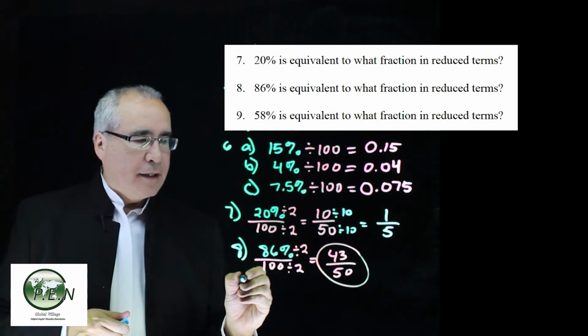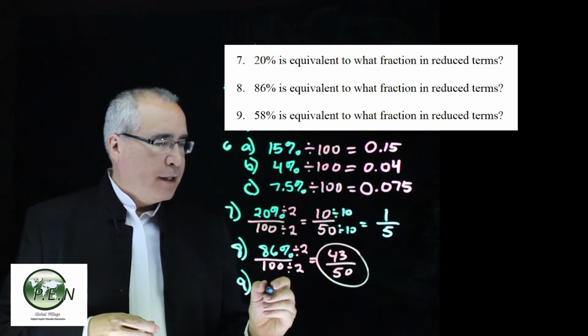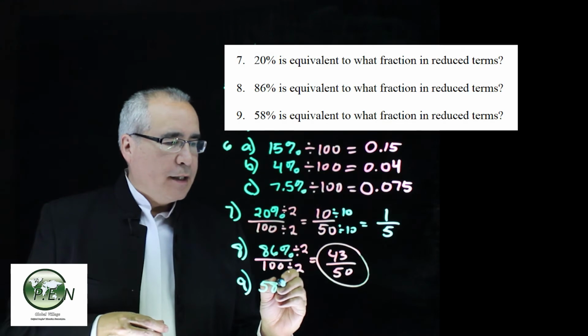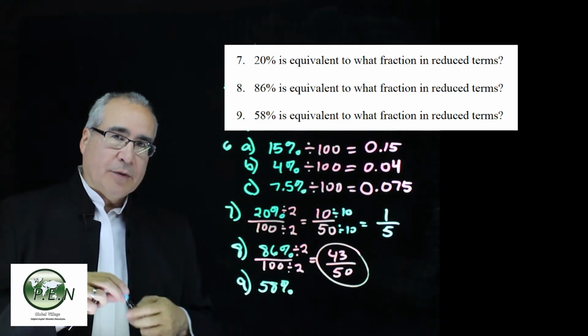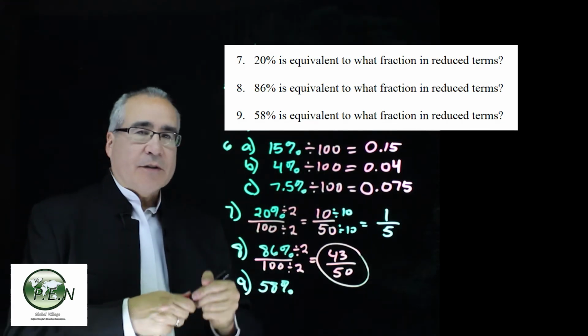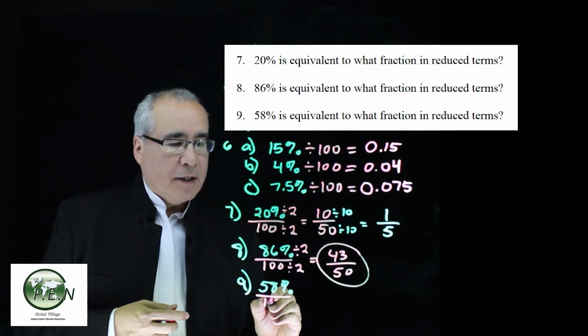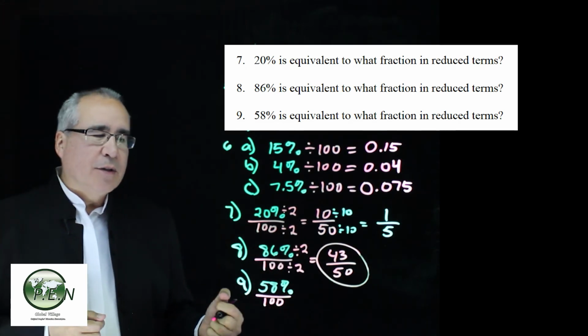And for 9, let's take a look at one last problem here. We're given 58%, and we want to turn it to a reduced fraction. So again, the process is just divide by 100, but this time we want to reduce each part.